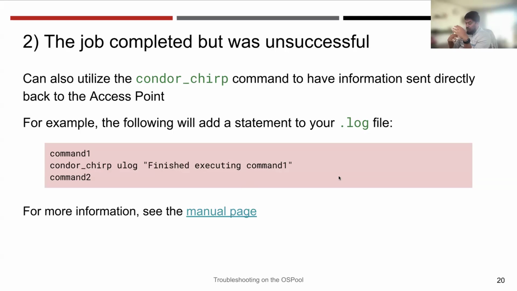Like if your code has 4 or 5 steps and you're not sure which of the steps are going wrong, you can use the condor_chirp command to see whether each of the steps is executing properly or not. And as you have links to the slides, we have links to the HTML documentation page embedded in the presentation. Feel free to go over them, as they have much more detail about the different modes and options that you can use with condor_chirp.